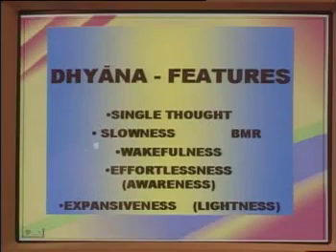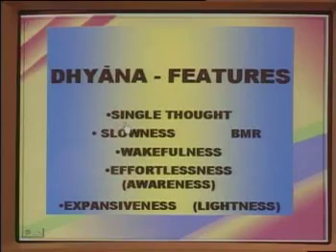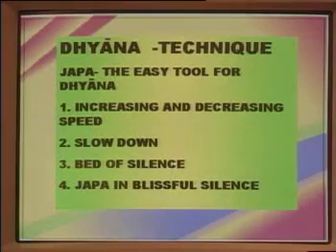Therefore, the 5 characters of dhyana: number 1, there should be a single thought; number 2, there should be slowness; number 3, wakefulness, and effortlessness and relaxation with awareness; and lastly, there should be expansiveness and lightness. Any state of mind in which these 5 aspects are there, we call it as dhyana. That is the 7th limb of Ashtanga Yoga.